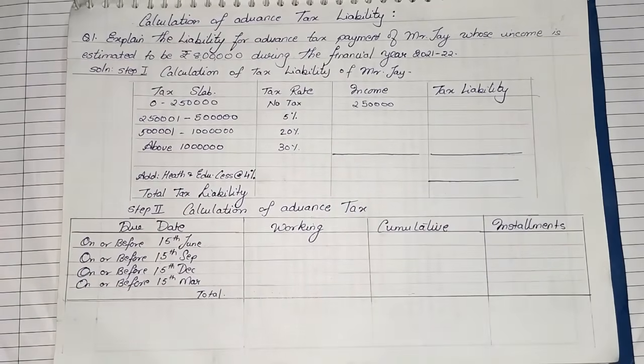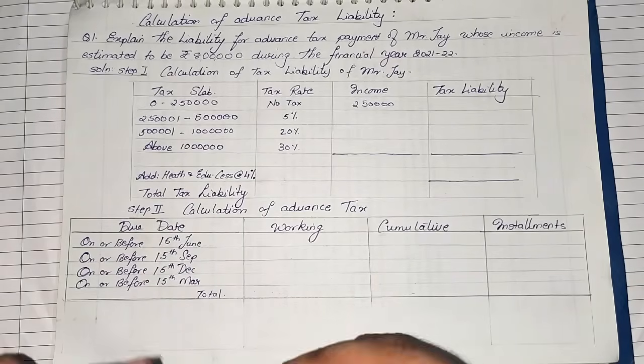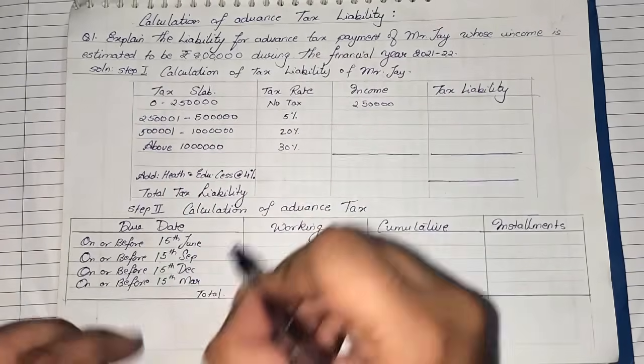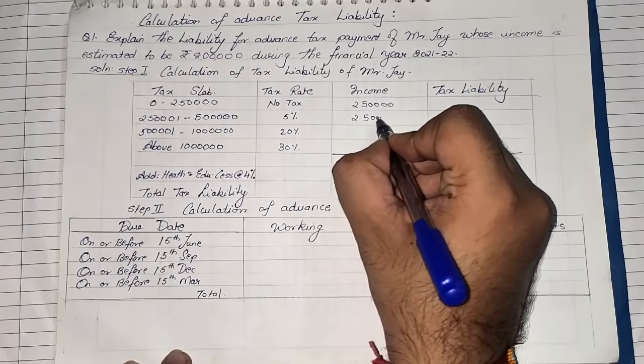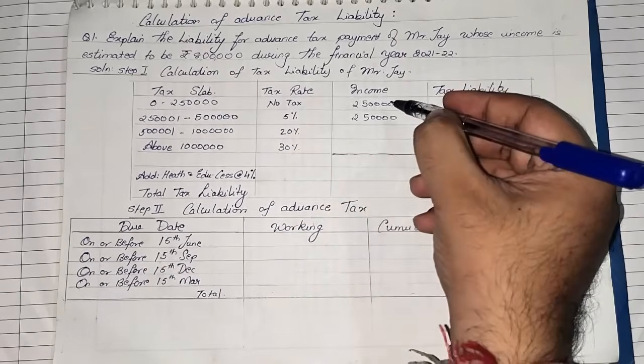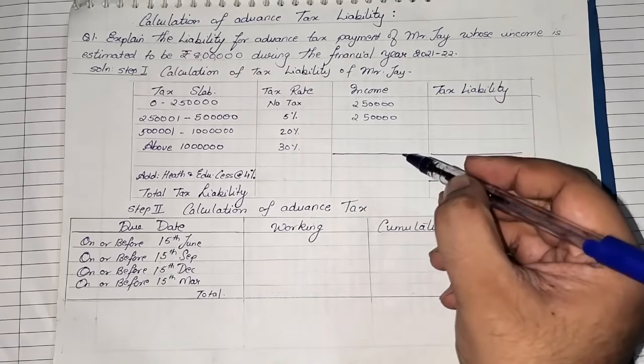So from 8 lakhs, 2,50,000 has been removed, and 5,50,000 is remaining. From that, the next 2,50,000 will be considered.